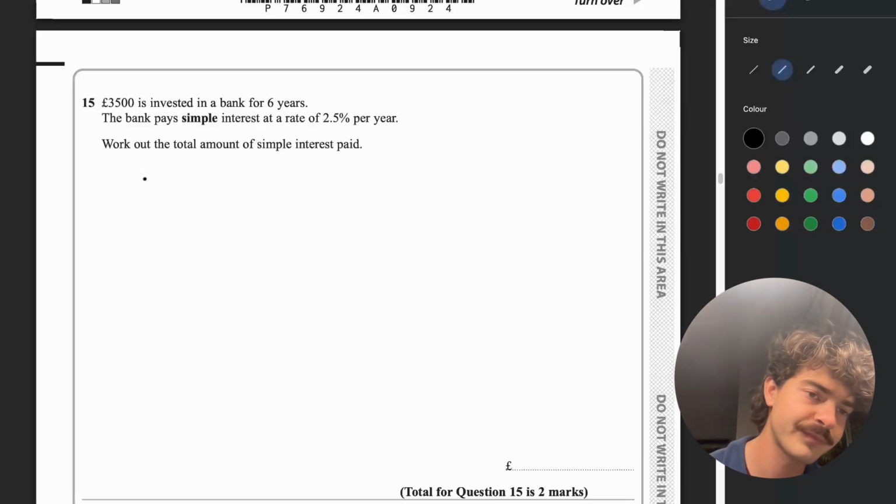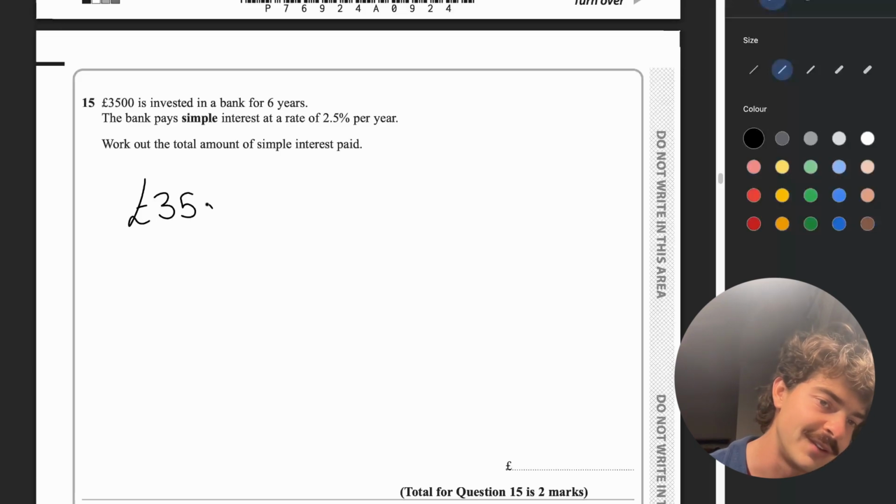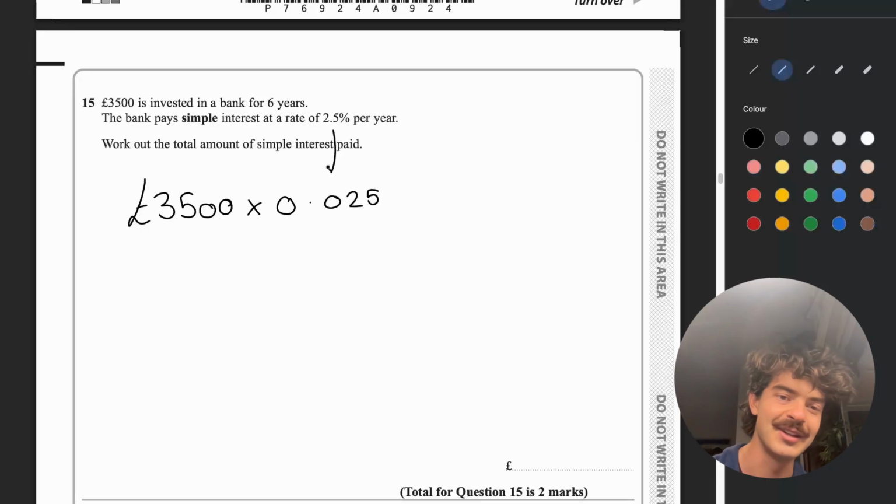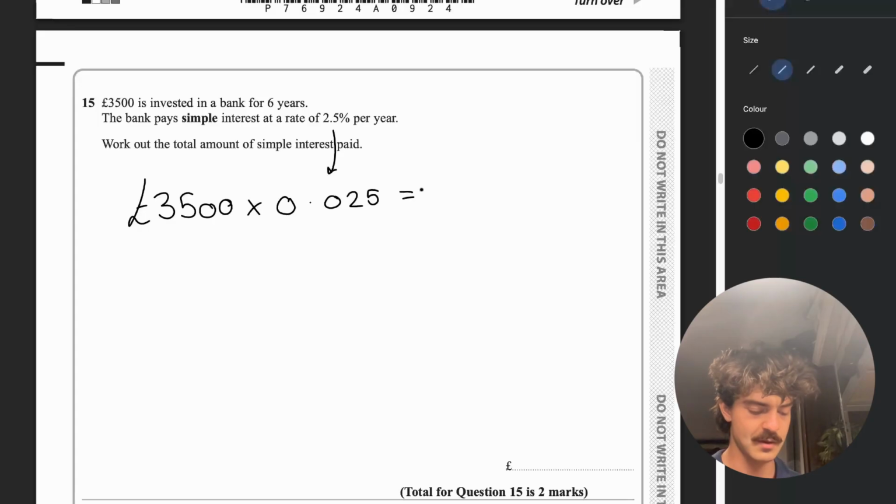So, we have 3,500 and we want to find 2.5%. So we're going to multiply it by 0.025. In other words, this is the decimalized version of 2.5%. Let's see what this gives us. So 3,500 times by 0.025.